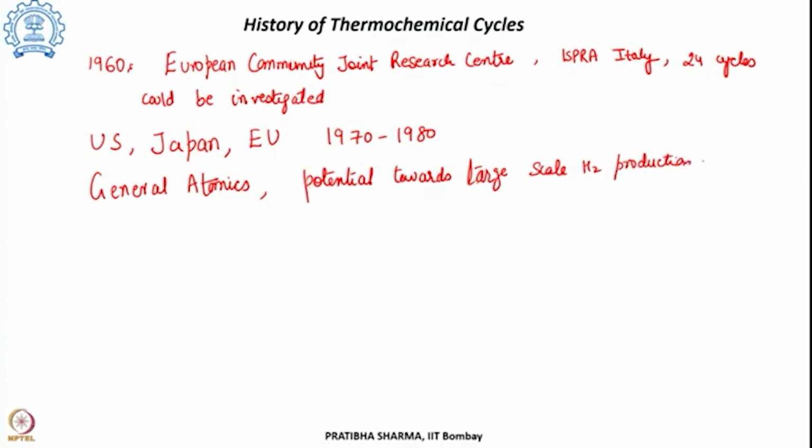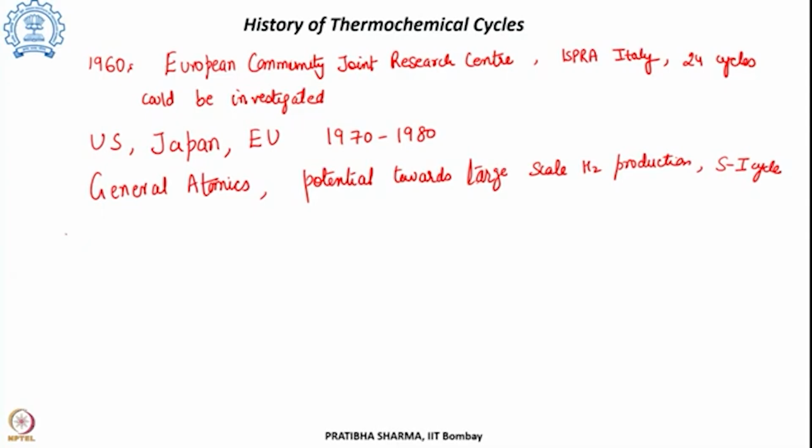By General Atomics, one of the most well known cycles, the sulfur iodine cycle, was proposed, and it was identified that this can be integrated with nuclear reactors which could supply heat at about 900 degrees centigrade.